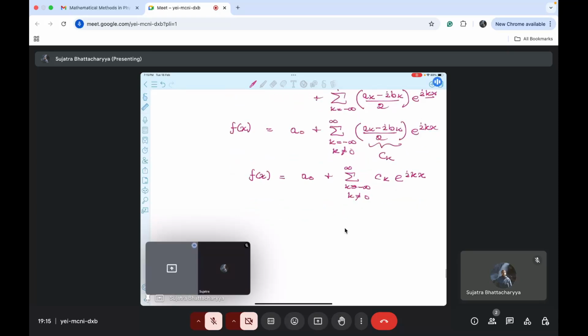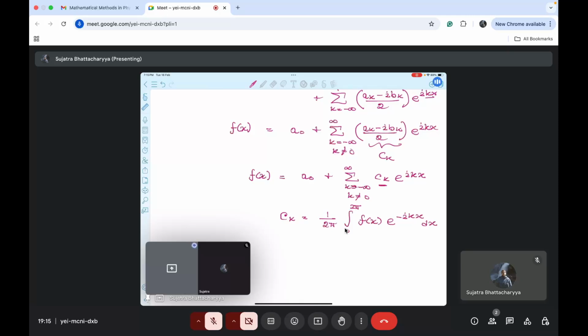Now in the same way, if you have to find out what is the c_k, then what you will do? c_k will be nothing but 1 by 2 pi, integral 0 to 2 pi, f(x) e to the power minus ikx dx.